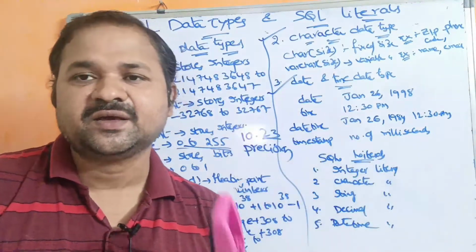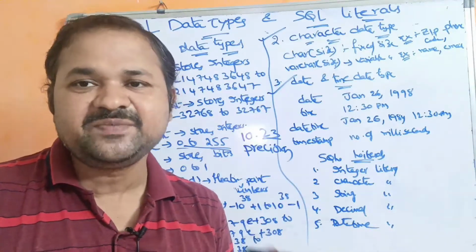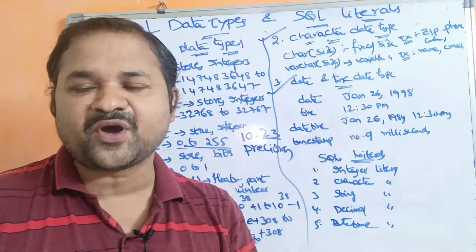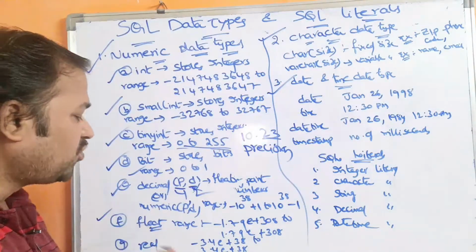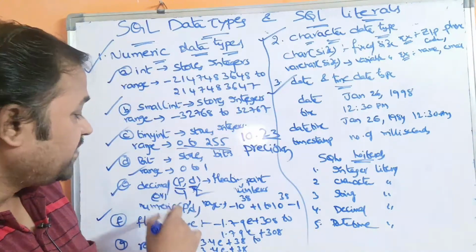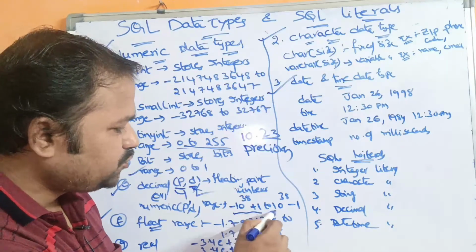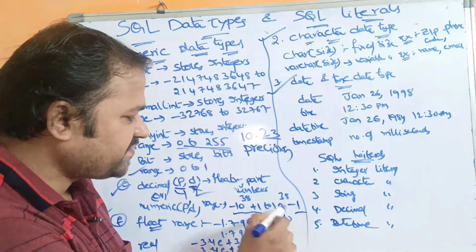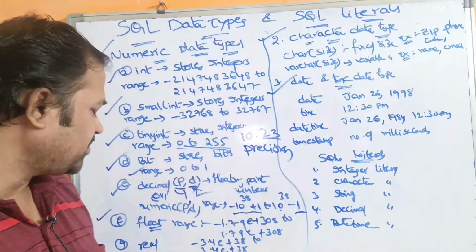So P means the maximum number of digits that we can store, whereas D means the maximum number of digits after the decimal point. Here the range of decimal or numeric is -10 power 38 plus 1 to 10 power 38 minus 1. So here we have an exponent value also. 38 is the exponent value.